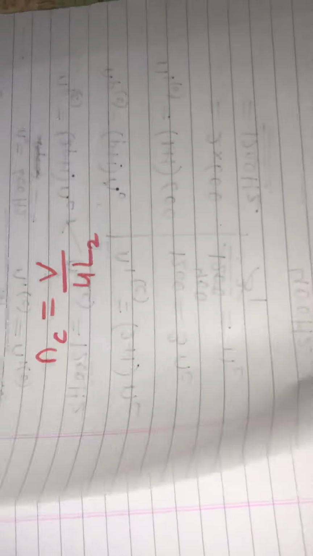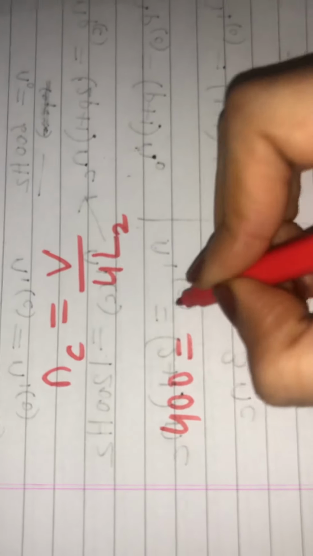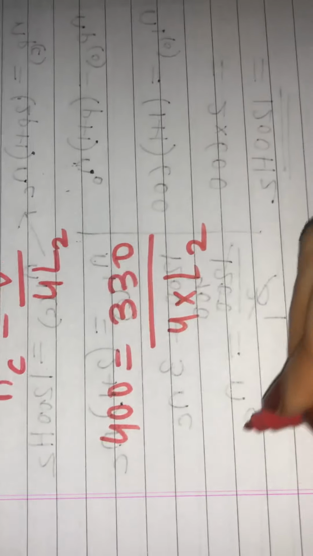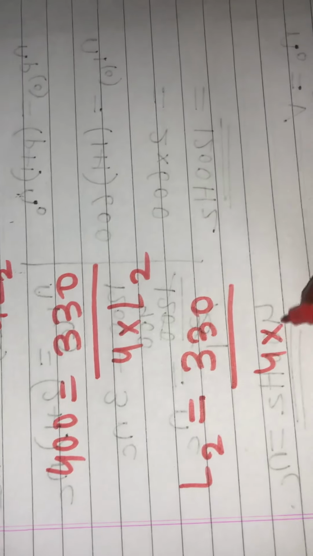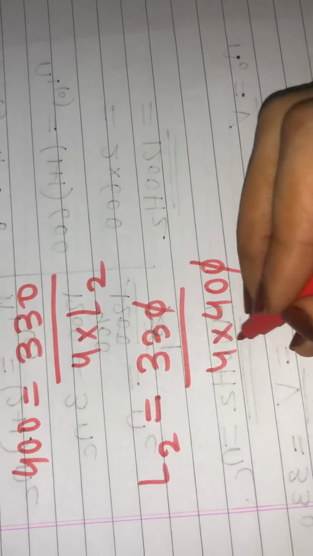Now we have obtained the frequency for closed pipe, that is 400. V is 330 upon 4 into L2. Let's take this L2 in the numerator. So this is 330 upon 4 into 400. This 0 and this 0 cancel.